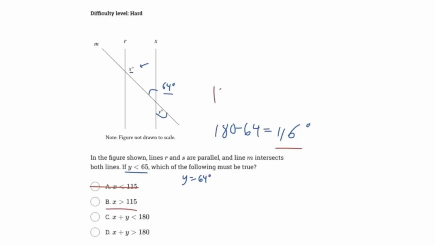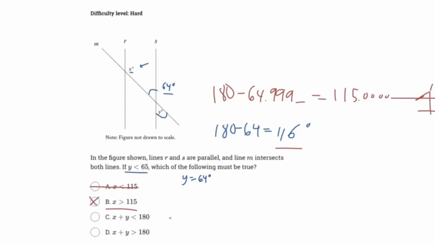And therefore, 180 minus 64.999, etc., would yield 115.0000, etc., 1, right? That's messy, but you get the point. So basically, we can't ever go underneath 115 degrees for X if Y is less than 65. Therefore, B is our answer, but let's just check the other answers to be sure.